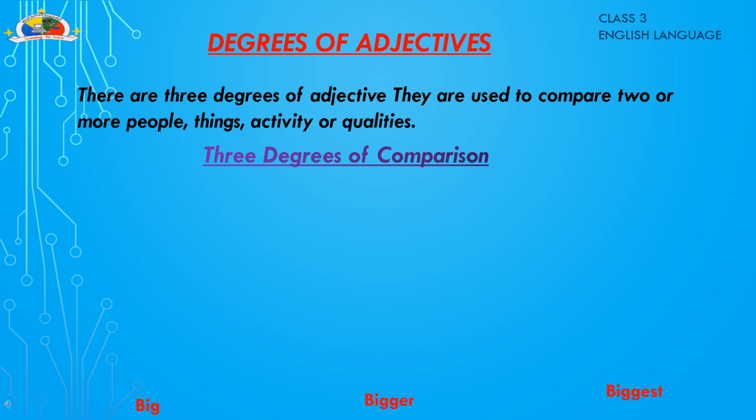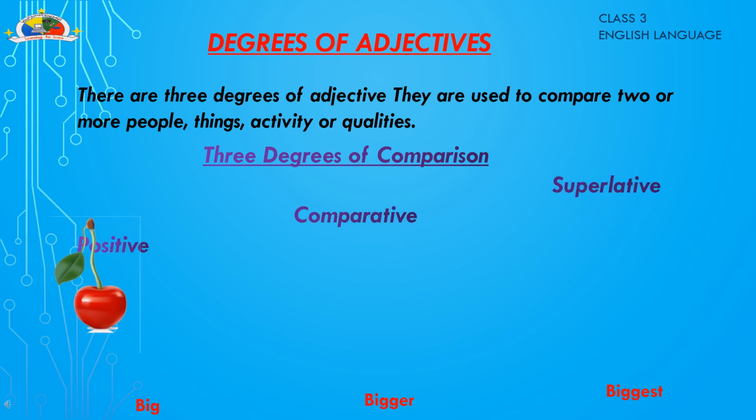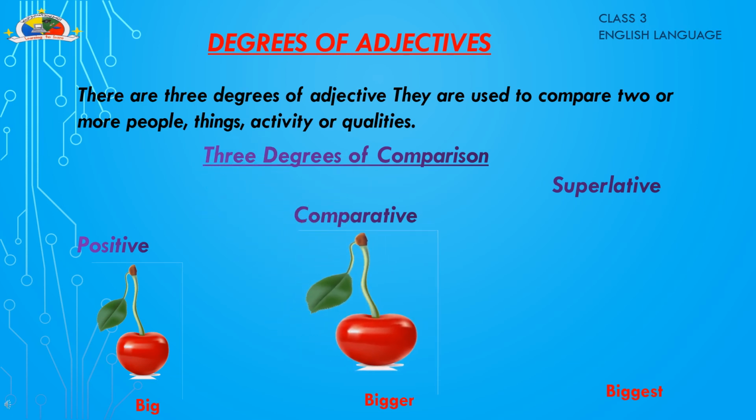When we say this is a big cherry, it means we are not comparing it with any other cherry. We are only talking about the one big cherry, so it's a positive degree. When we say this cherry is bigger than the first cherry, we are comparing the second cherry in terms of size. So we say that the second cherry is bigger in size than the first one.